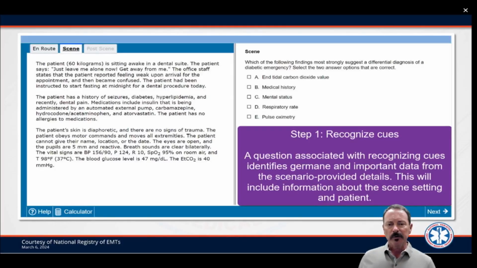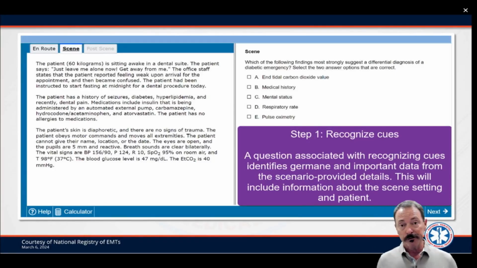Respiratory rate is 10. Pulse ox is 95% on room air, and temperature is 98 degrees Fahrenheit. The blood glucose level is 47 milligrams per deciliter, that's obviously low. And the end-tidal CO2 is 40 millimeters of mercury, that's going to be normal.